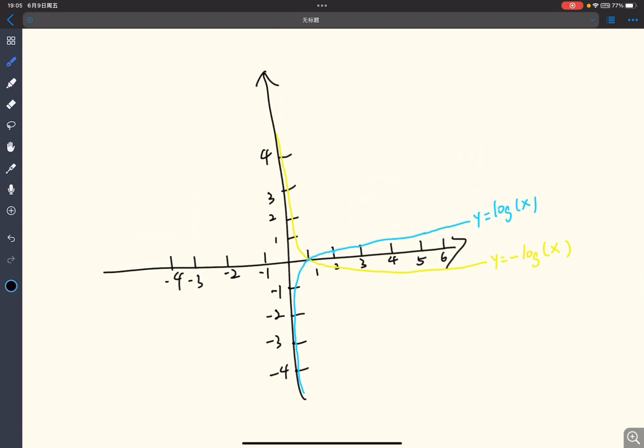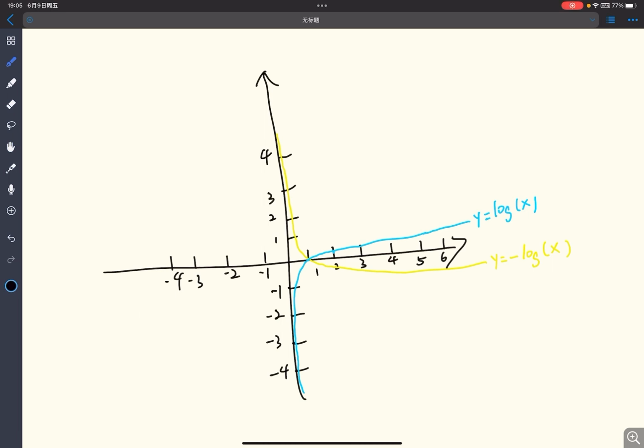First, by flipping vertically, the logarithm function becomes y equals negative log x, and the minus sign in front of the function indicates the flip. This change is important because it affects the properties of the function.